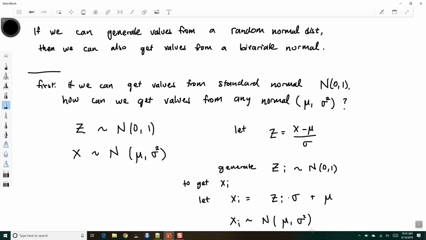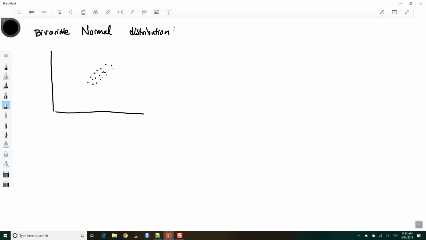So bivariate normal is a normal distribution of two variables that might have covariance. So this is x1 and x2.